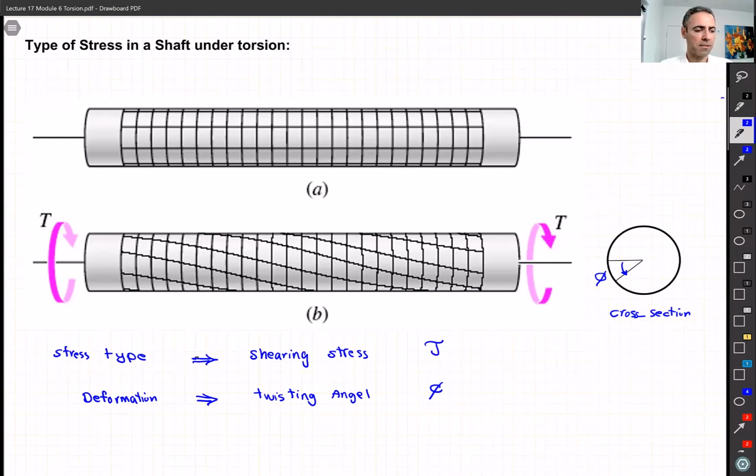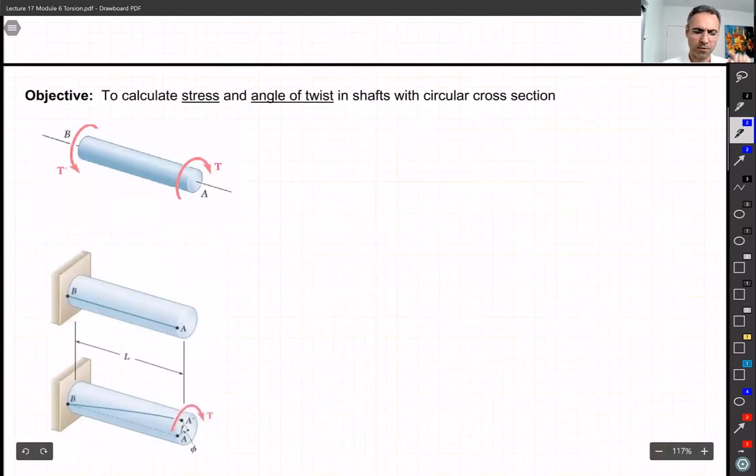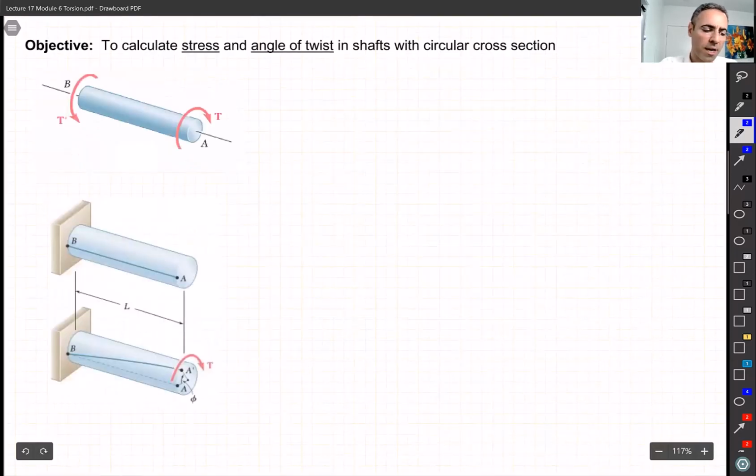Okay, I assume you are good because it is silent. All right. Now let's formulate everything here that we want to know. Our objective here is to find a stress and also angle of twist.